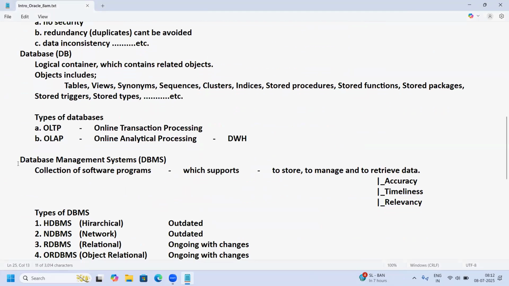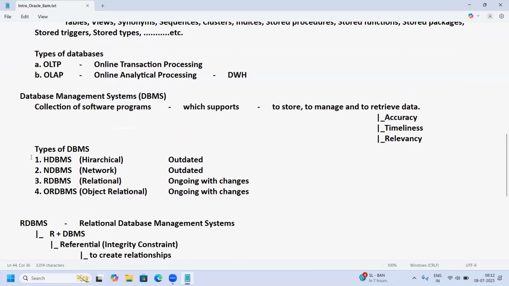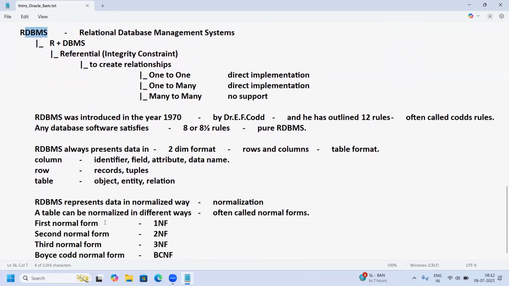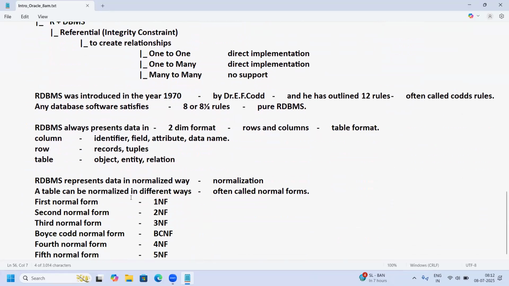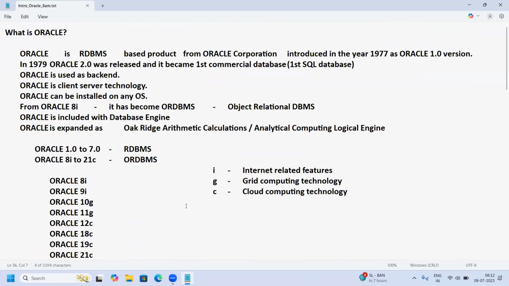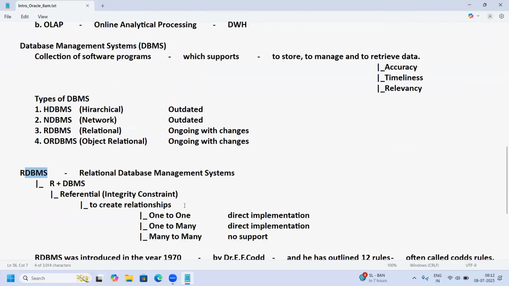Then we went on to understand what is a database management system, that is DBMS. Then we listed the types of DBMS, and then we came to the introduction to RDBMS. All these things we studied yesterday.